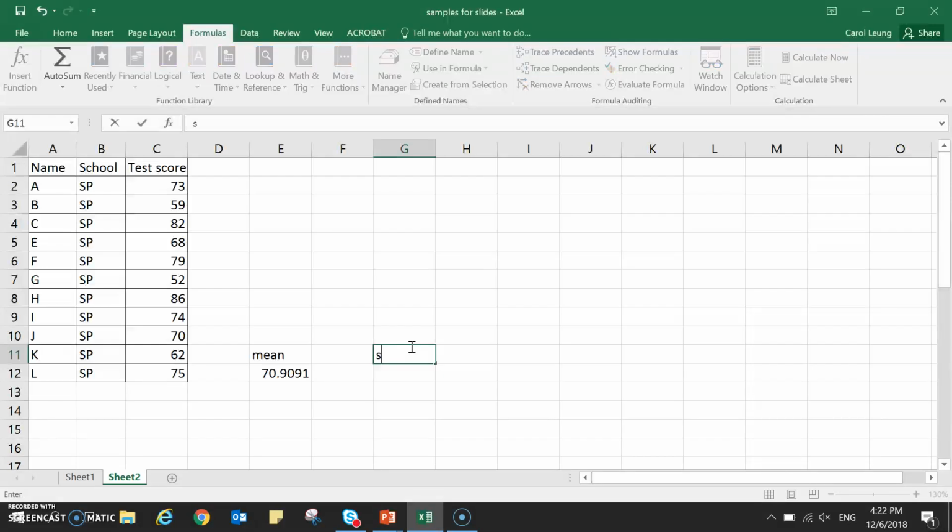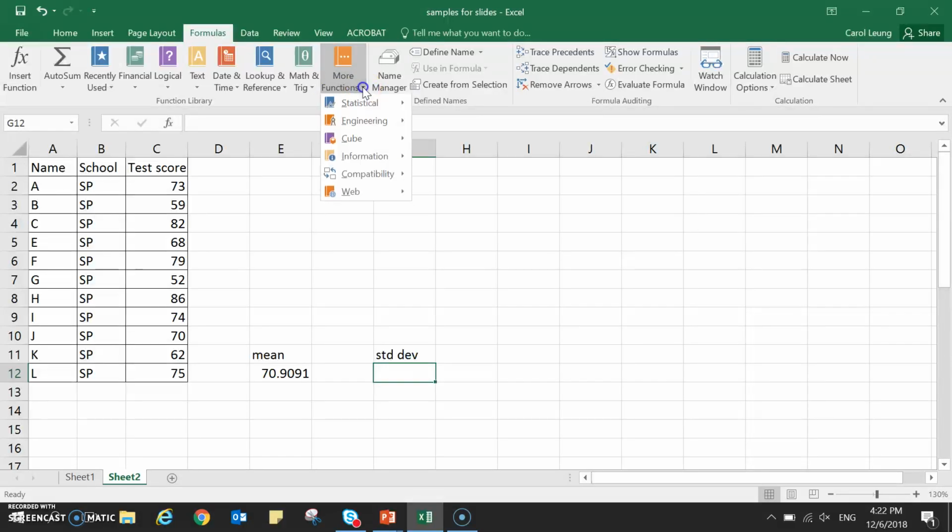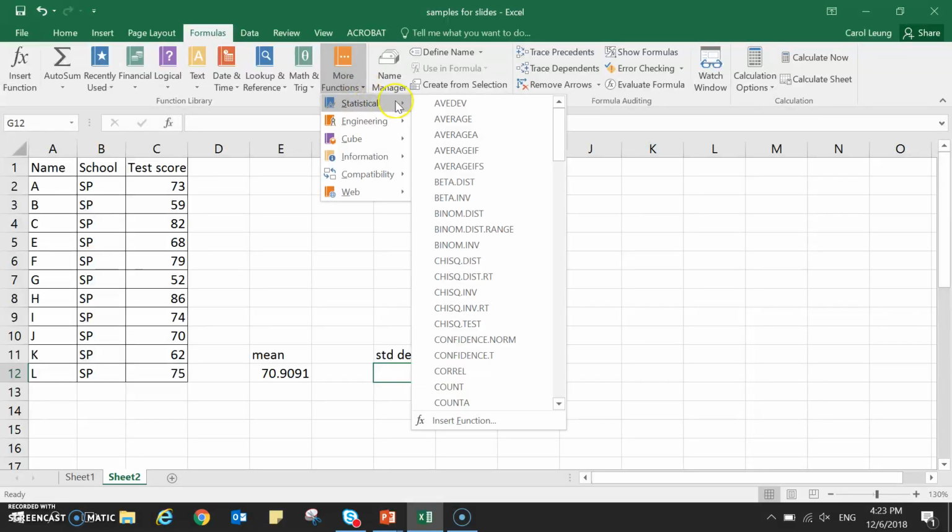For the standard deviation, same thing, you will put your cursor on a box that you would like the result to fall in. Then you go to More Function, Statistical, and look for Standard Deviation. Now you realize that there are a few different ones that you can use.